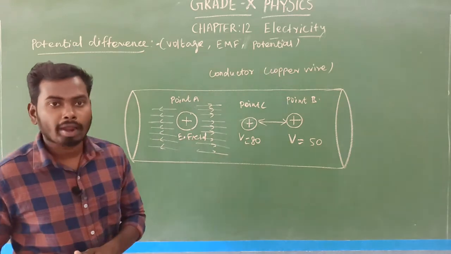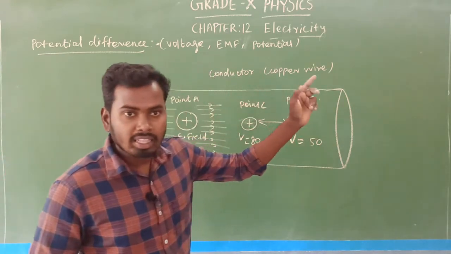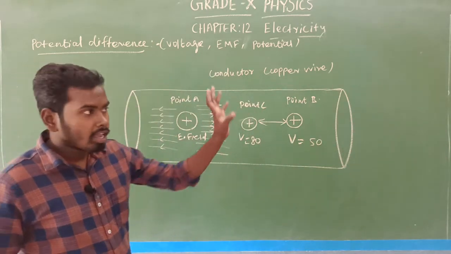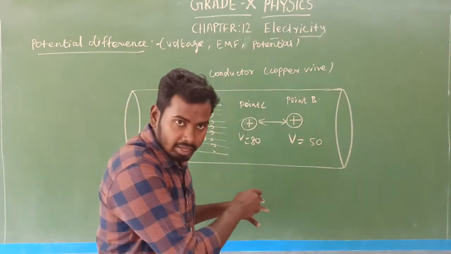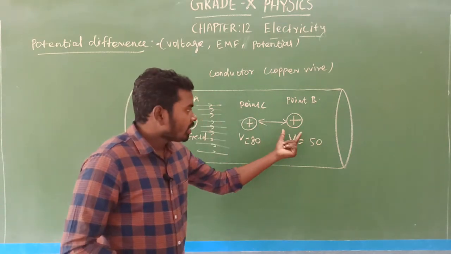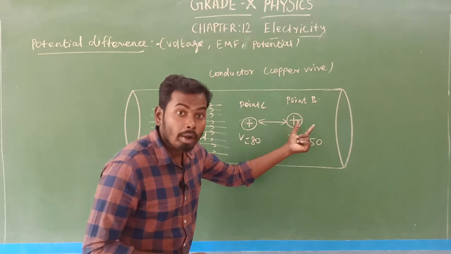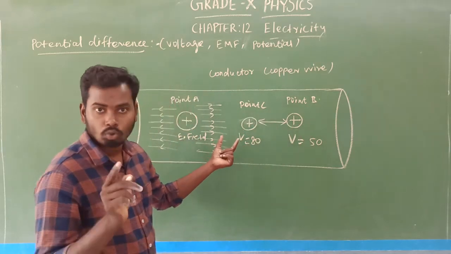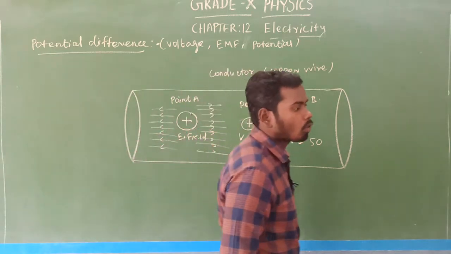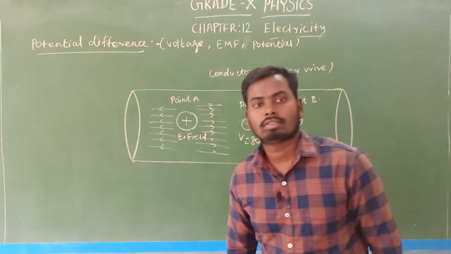But in electric potential, we brought the positive charge from infinity to that point. Am I right? Infinity to a particular point. But here in potential difference, we bring the unit of positive charge from one known point to another known point. That is called potential difference.